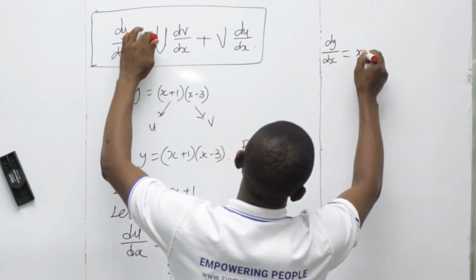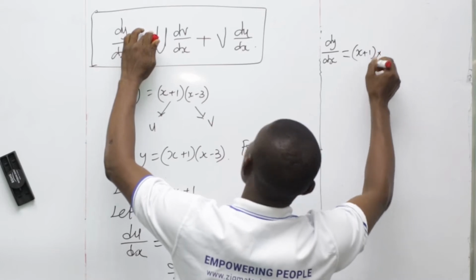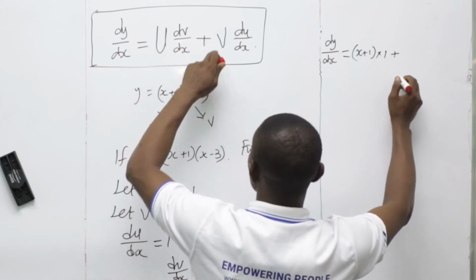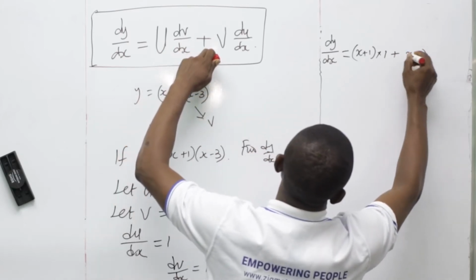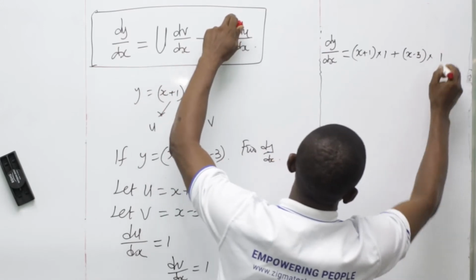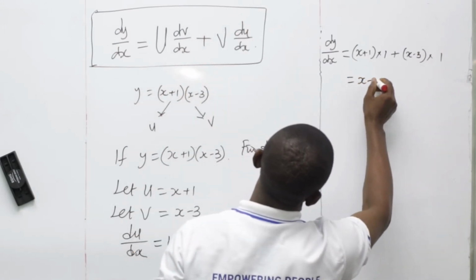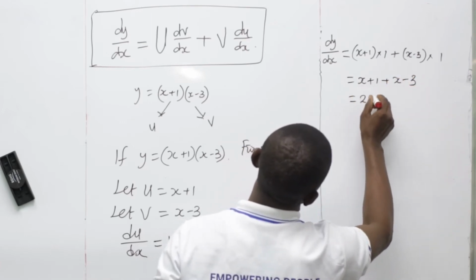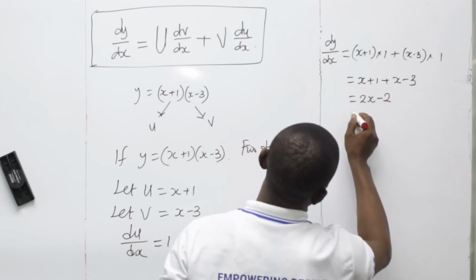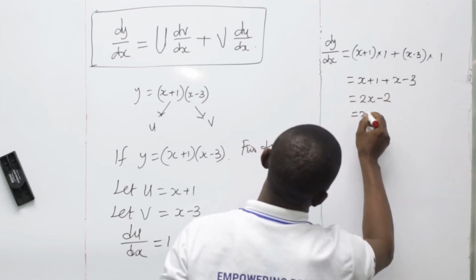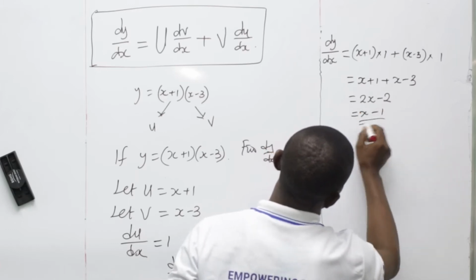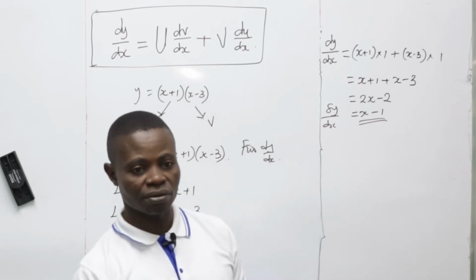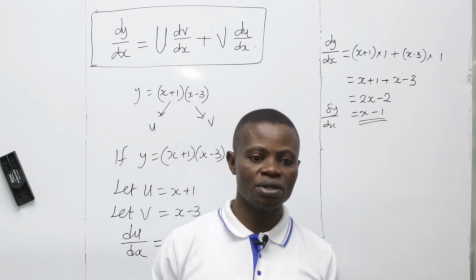What do you call u? x plus 1, multiplied by dv/dx, which is 1, plus v, x minus 3, multiplied by du/dx, which is 1, to give us x plus 1 plus x minus 3, to give us 2x minus 2. If you like, you can say x minus 1 when you divide through by this. So dy/dx equals what? x minus 1.